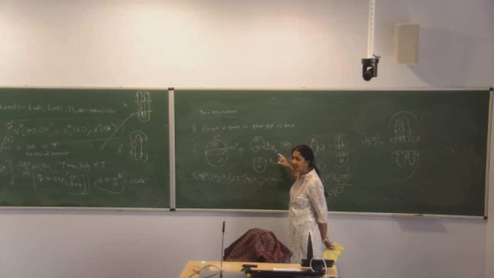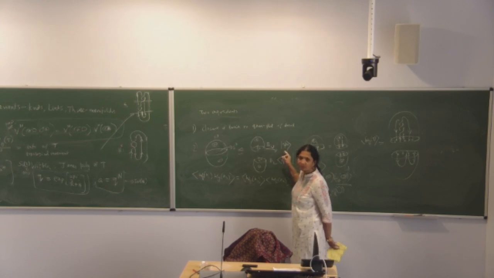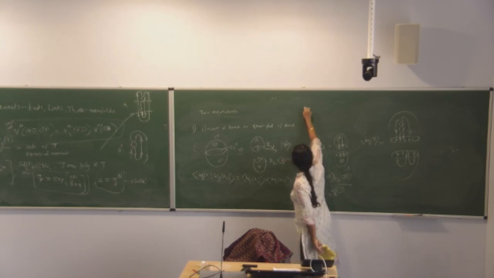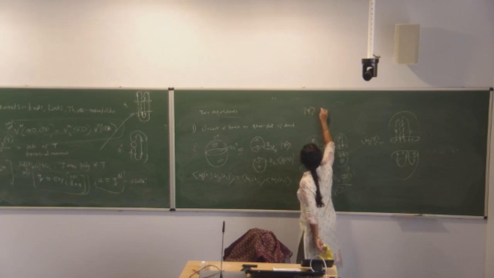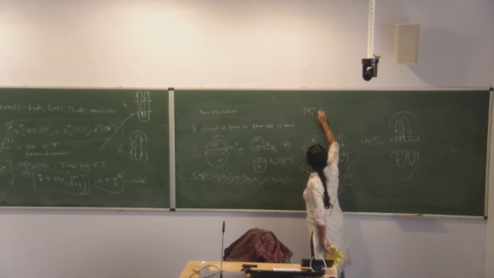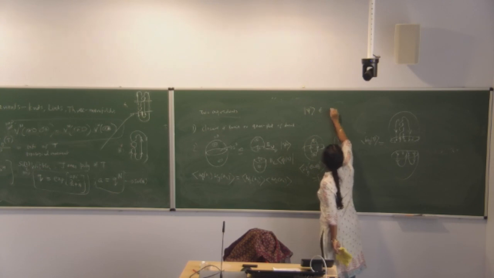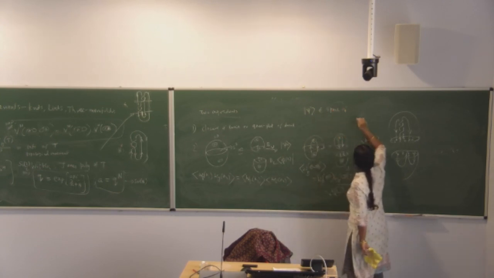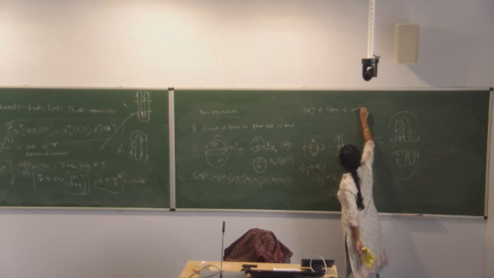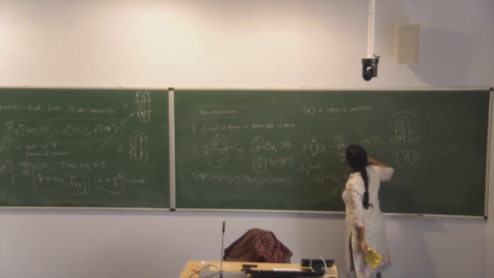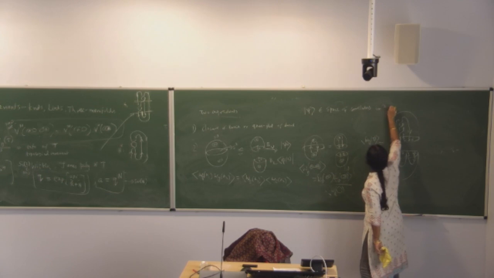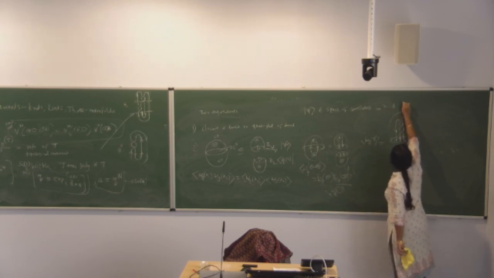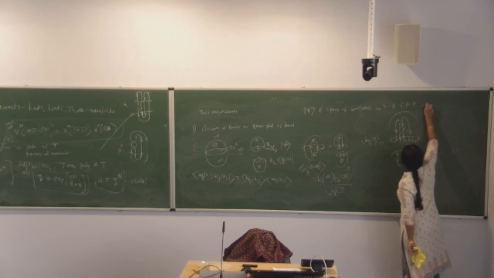Then you can ask a question. The state belongs to which vector space? This state is an element of the space of correlators in a 2-dimensional conformal field theory, which has current algebra symmetry.